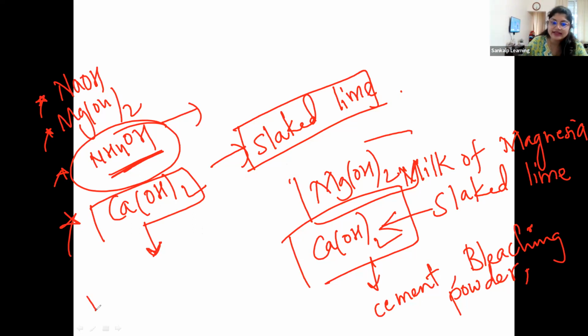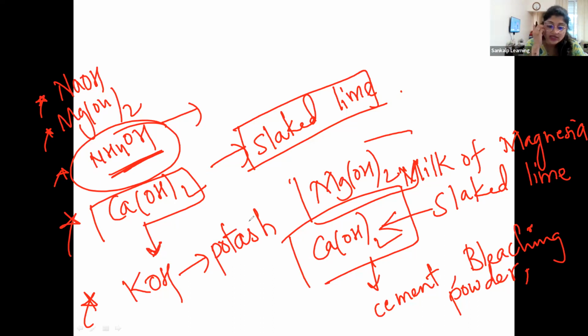Then our next is potassium hydroxide. Potassium hydroxide is also called potash. It is used in alkaline batteries, to manufacture fertilizers, and soft soaps for body cleansing.